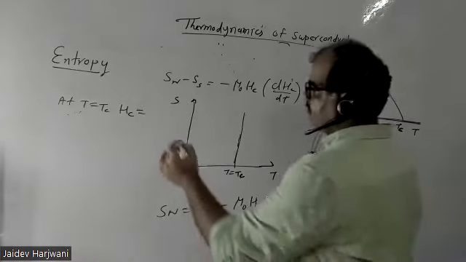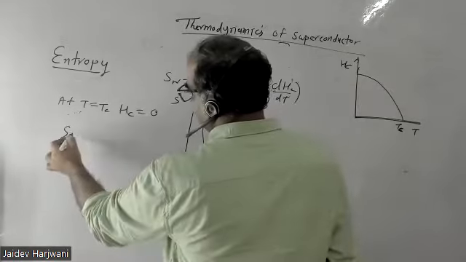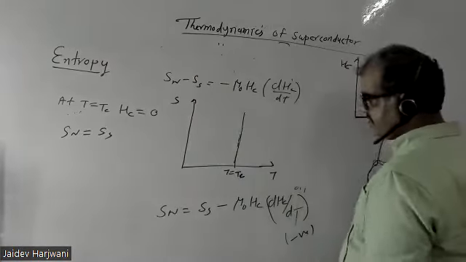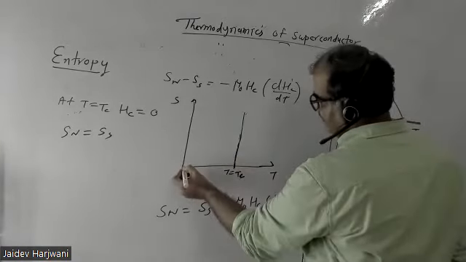Zero. Very good. So that means at T equal to Tc, Sn is equal to Ss. Entropy is same here.